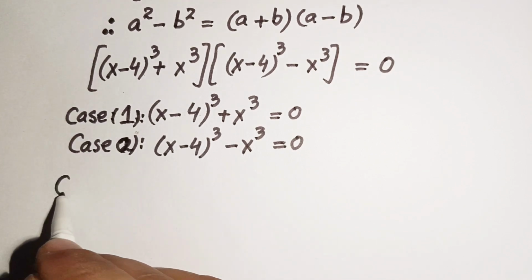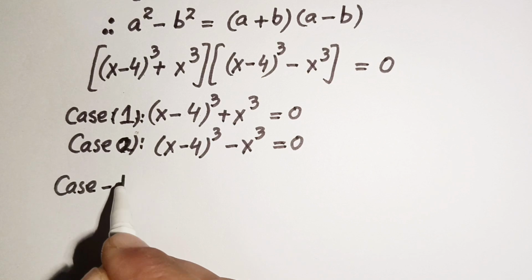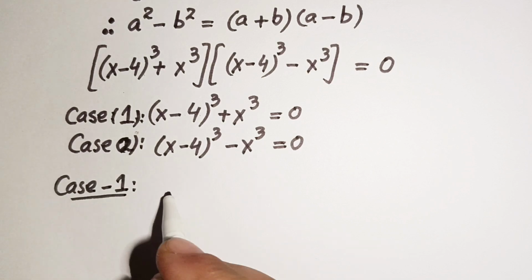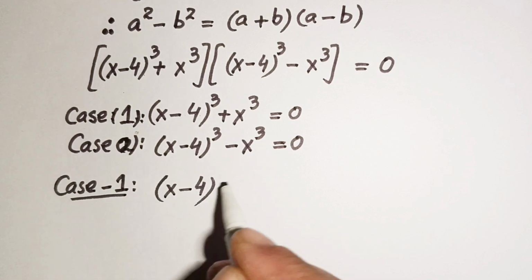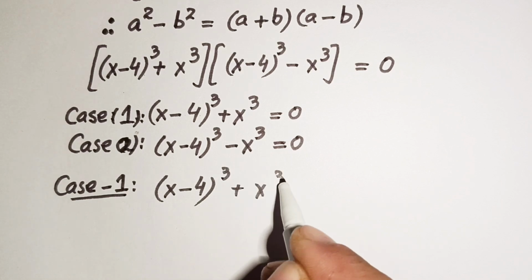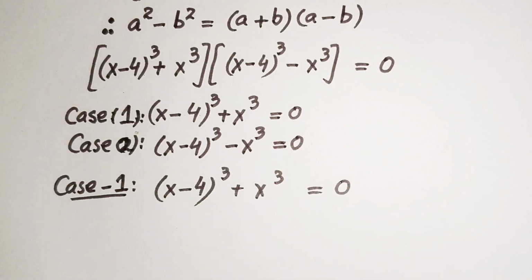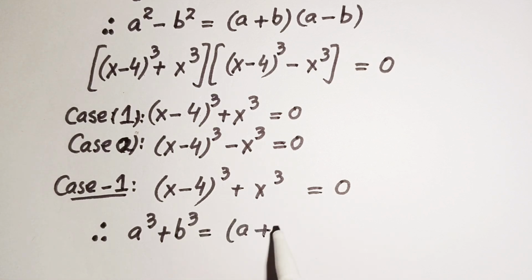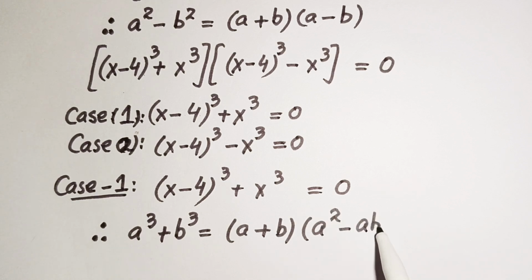First we solve case number 1, that is (x − 4)^3 + x^3 = 0. Here it is actually a cubed plus b cubed. By the algebraic formula, a³ + b³ = (a + b)(a² − ab + b²).